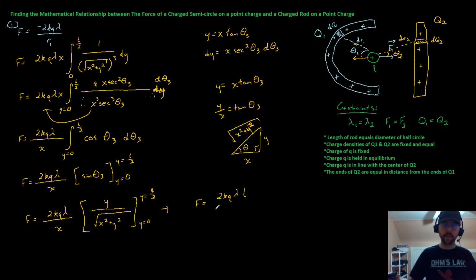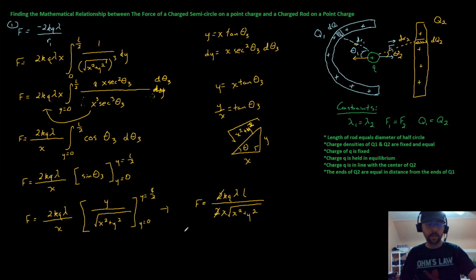I'll move the 2 to the bottom now. So that's from L over 2, looking in for y. And then on the bottom, we have x, already written there, times this, square root of x squared plus y squared. And the 2's cancel. And now, let me check my work from before, see if I got the same answer.